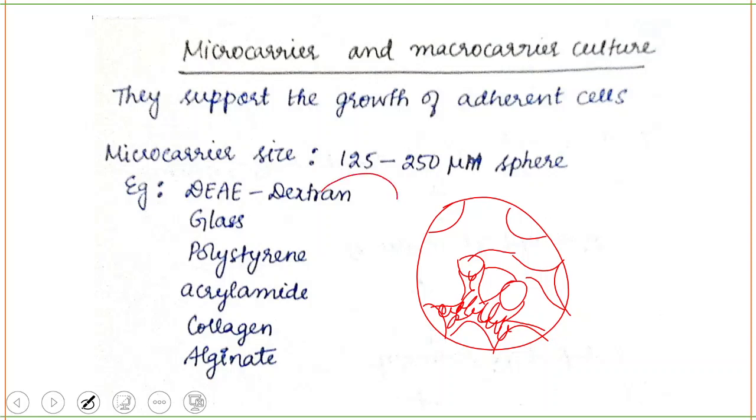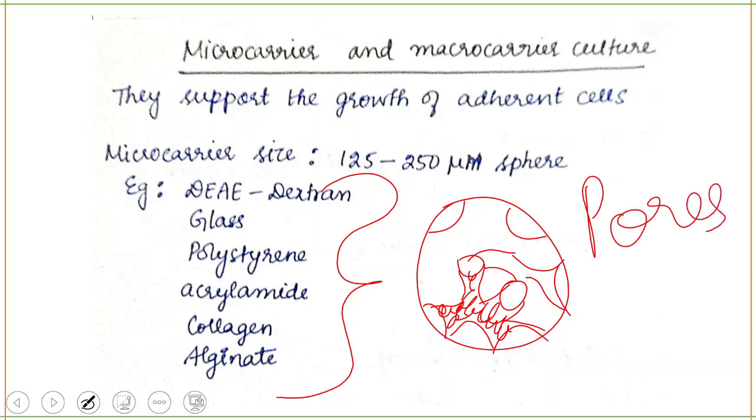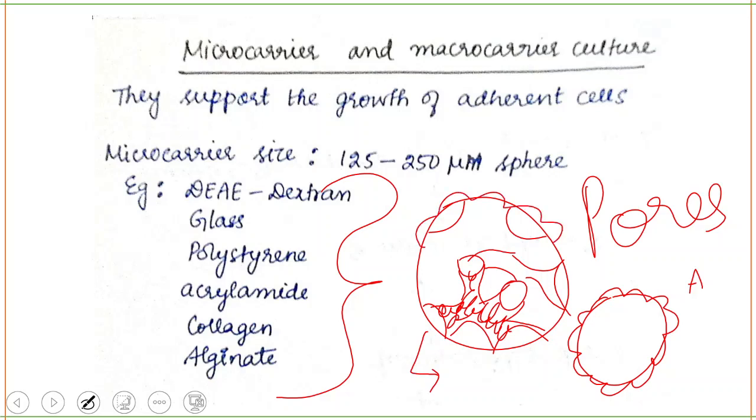So the common feature in all of these materials is that they have pores, and inside these pores our cells can grow in layers. If you see, this is the surface, and your cells are growing on top of it. Let's say the surface area is A. Now in this diagram the cells are growing on the surface and also penetrating inside the pores, so the cells cover a lot more surface area.